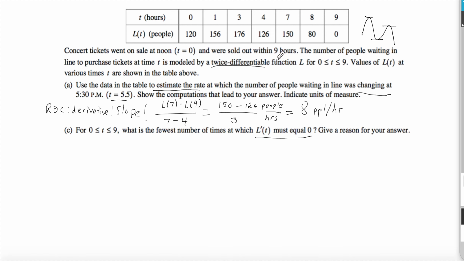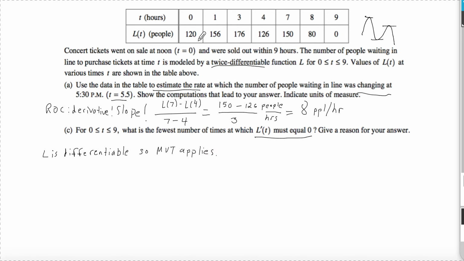We do know that L of t is twice differentiable. So we can go ahead and say that L is differentiable. This lets us use both the MVT and the IVT if we want to, right? So the MVT applies, just so they know what our thinking is.